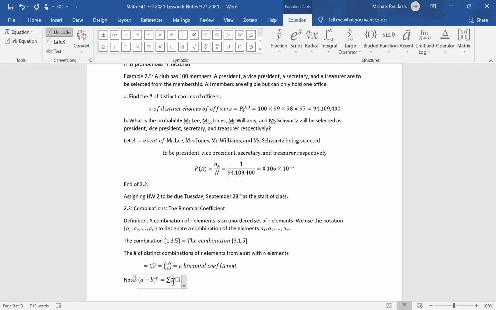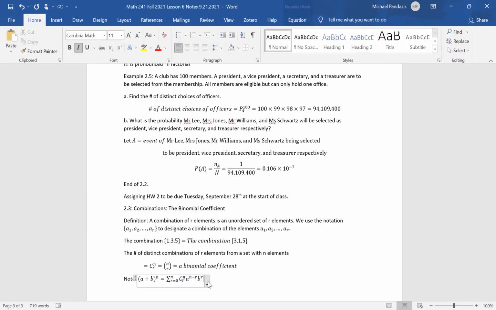The way you get that product is by FOILing out, multiplying, taking each choice of products, and then adding them up, so that you can write this succinctly as the sum from R equals 0 to n of NCR times A raised to the n minus R times B to the R.